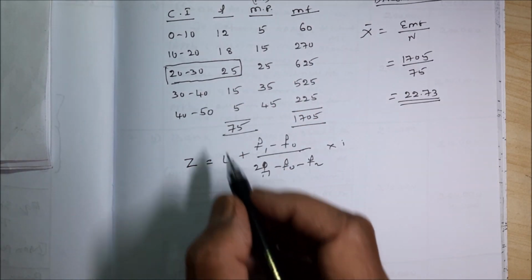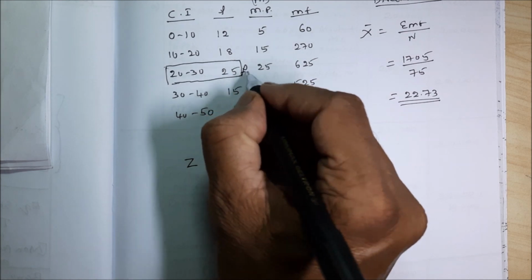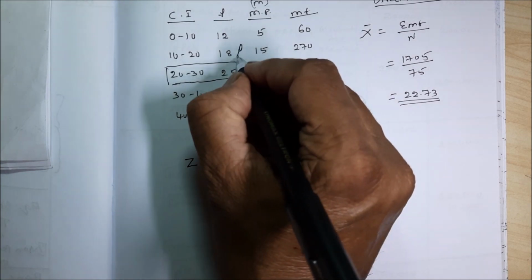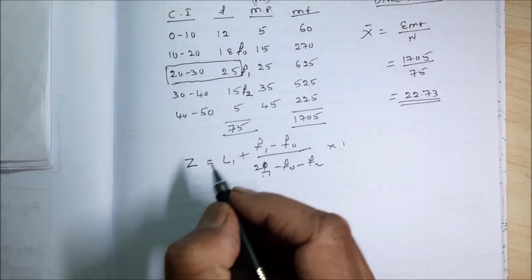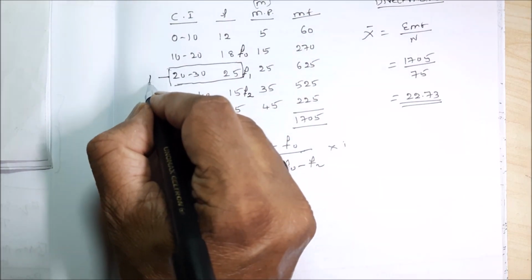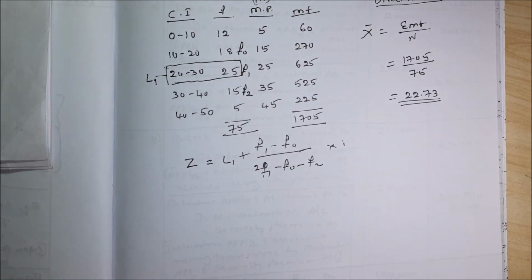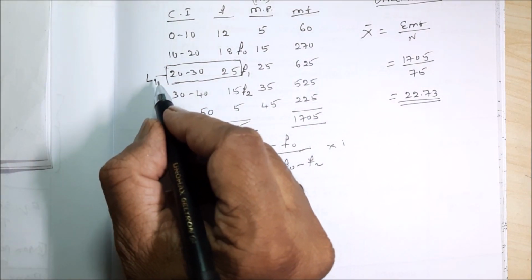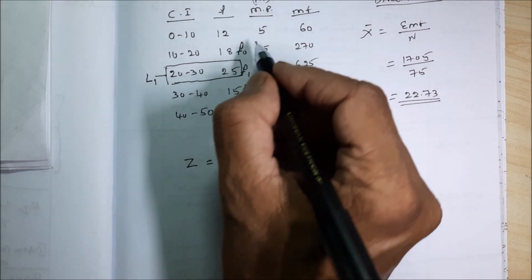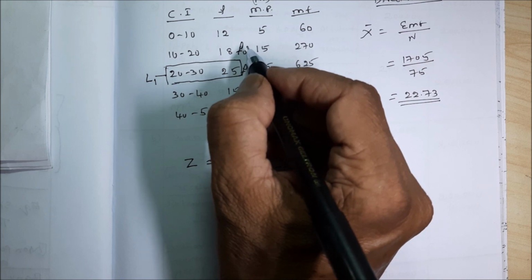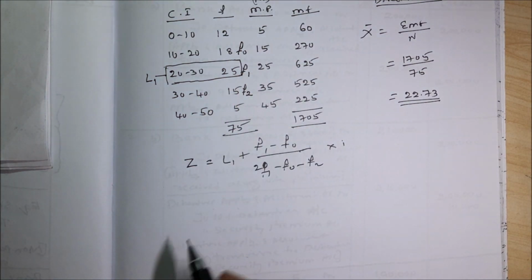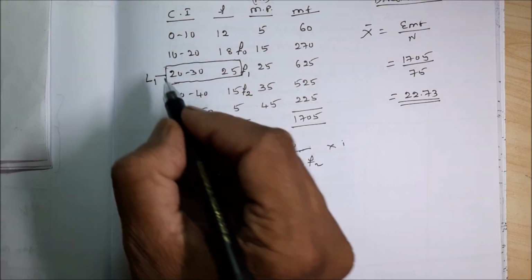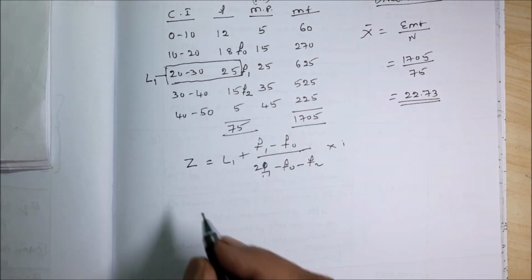Then what you should do, this is called as F1, this is called as F0, that is 18, this is called as F2. So this is called as L1. So lower limit of the modal class, frequency of the modal class, preceding and succeeding class. Then I is class interval of the modal class, 20 to 30, is 10.